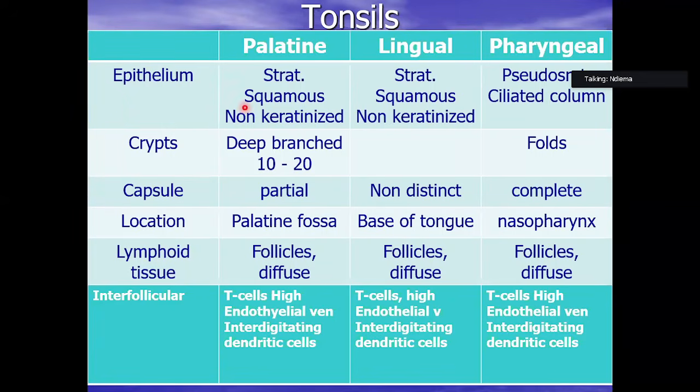Within the epithelial areas, we have a lot of crypts, a lot of furrows. These crypts are very well developed in the palatine tonsil, and they also appear branched. That is important: well developed and branched. Within these crypts, we have desquamated cells. We also have some debris.